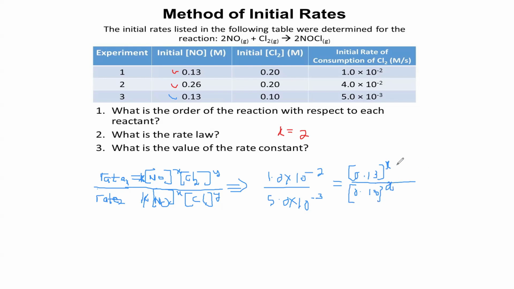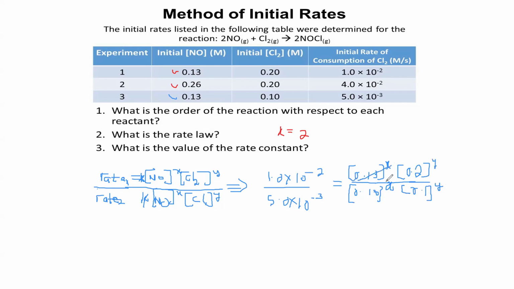And then for the y, we have the open bracket 0.2, and we close the bracket and divide by 0.1. So we have power y here, and power y.